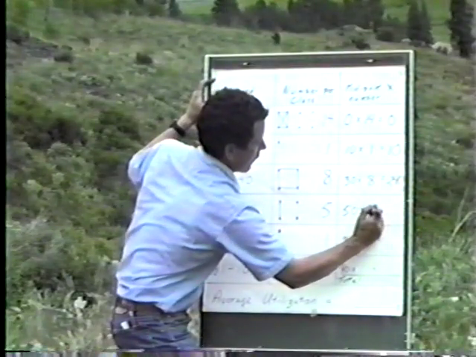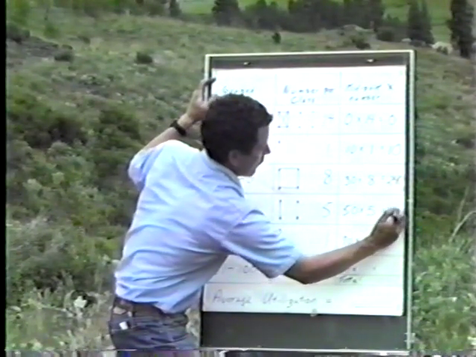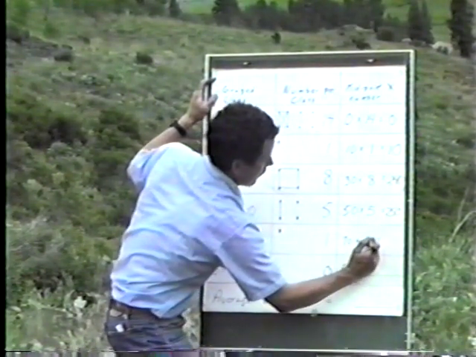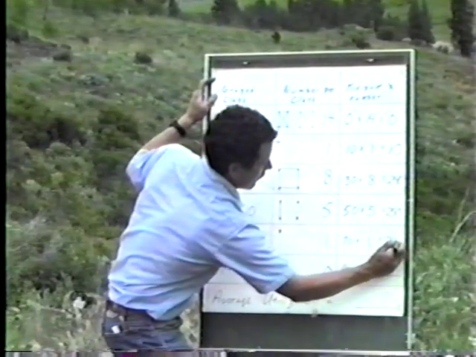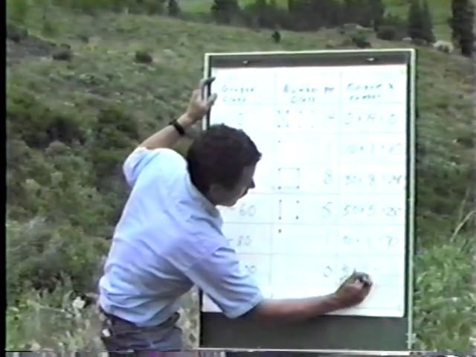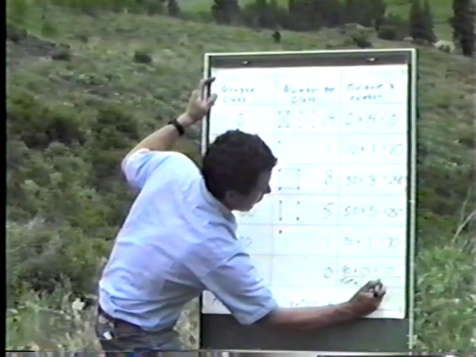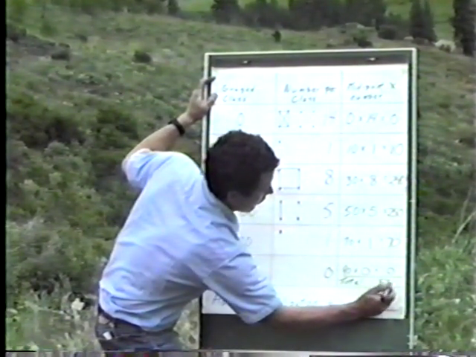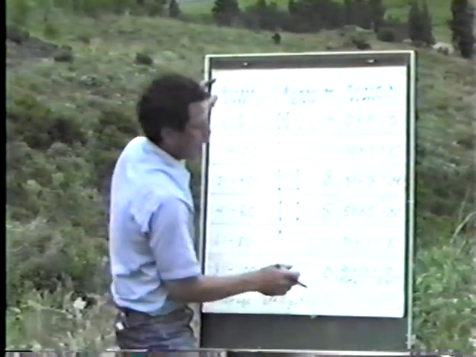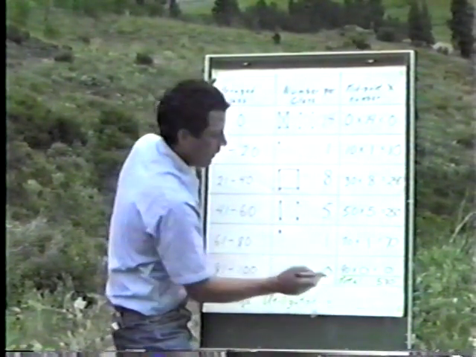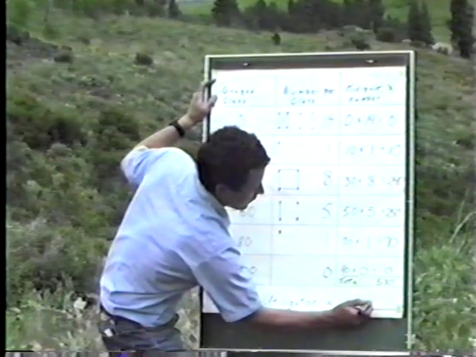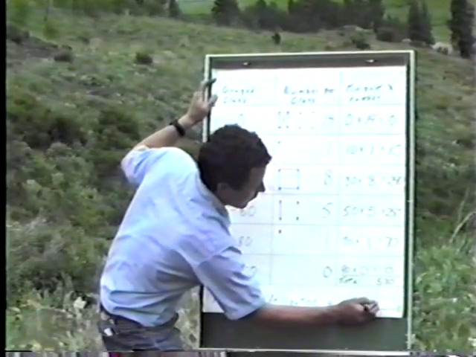Continue on. Okay, we add up the total. 570 divided by 30 is 19% utilization.